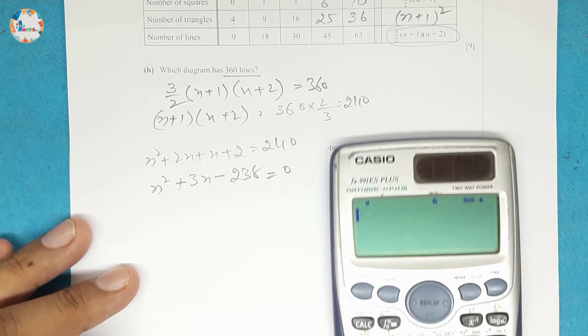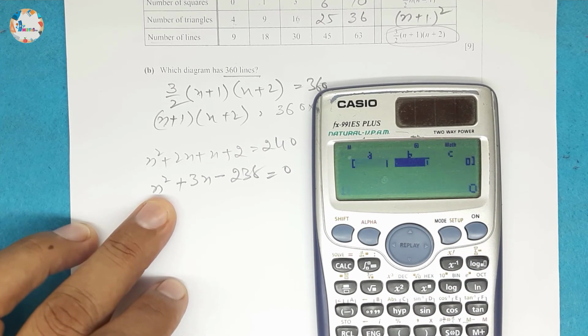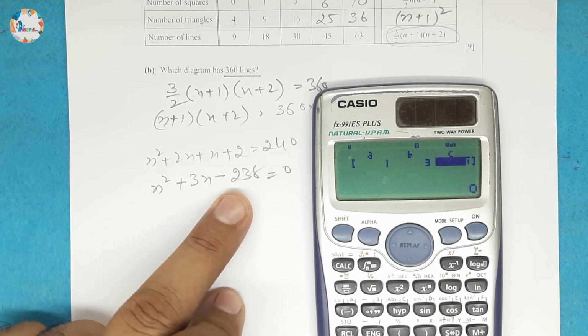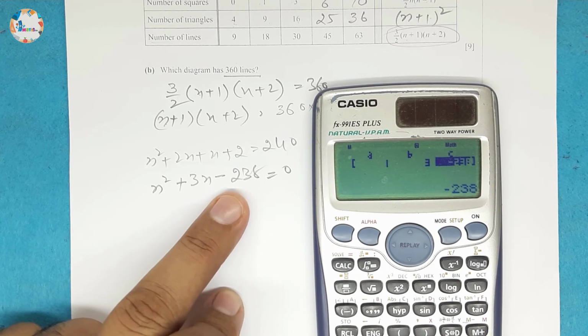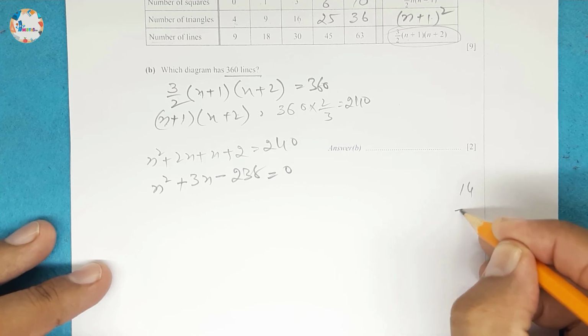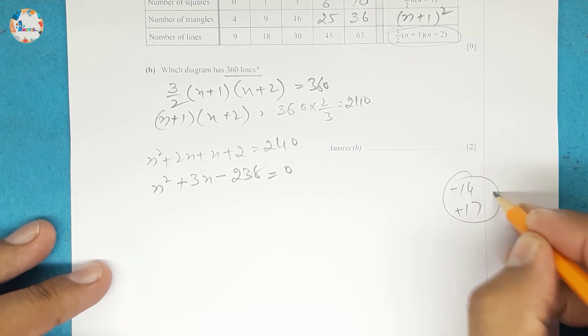Now we can check the coefficients. N squared is 1, coefficient of n is 3, and minus 238, and this gives us 14 and minus 17. So 14 and minus 17, we will change the sign.